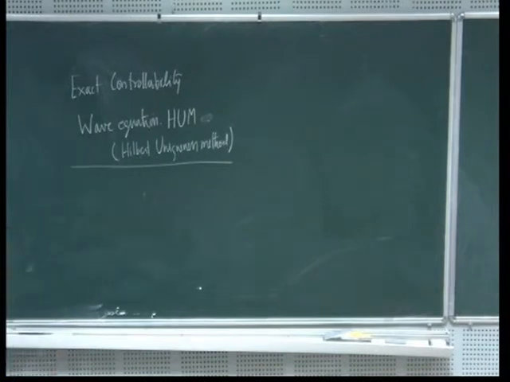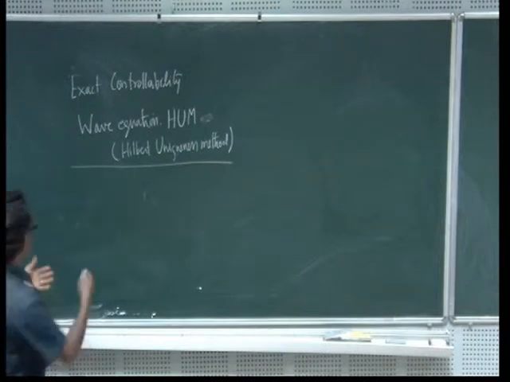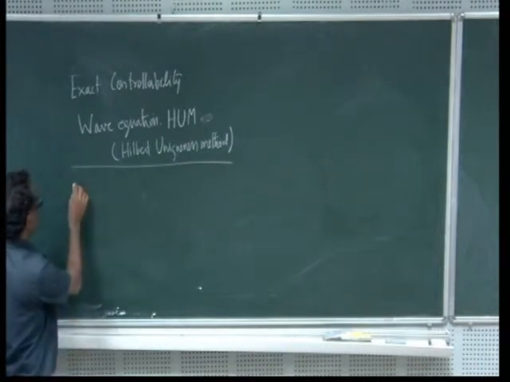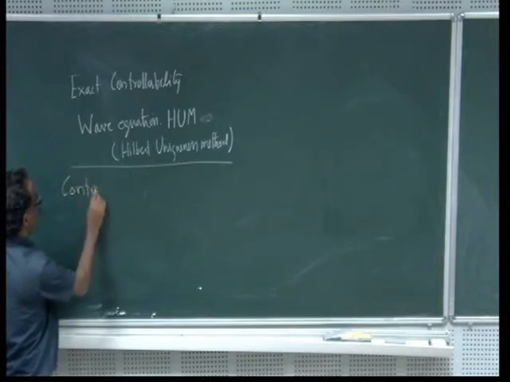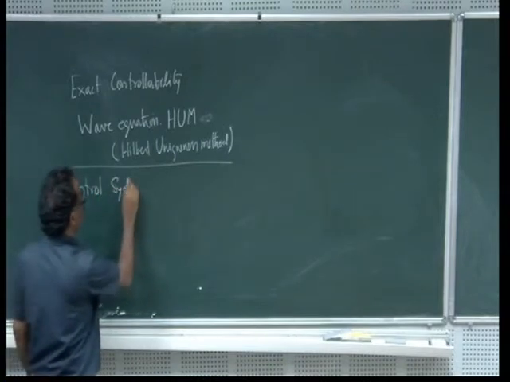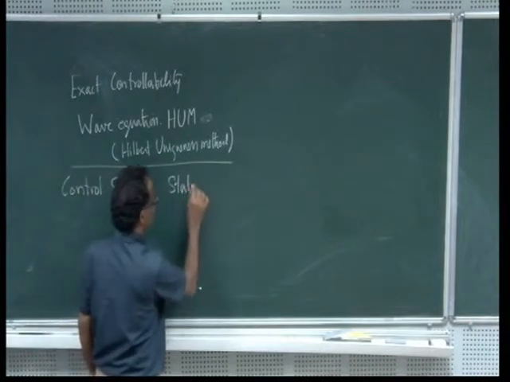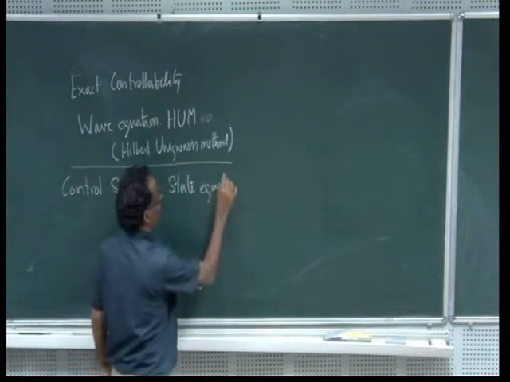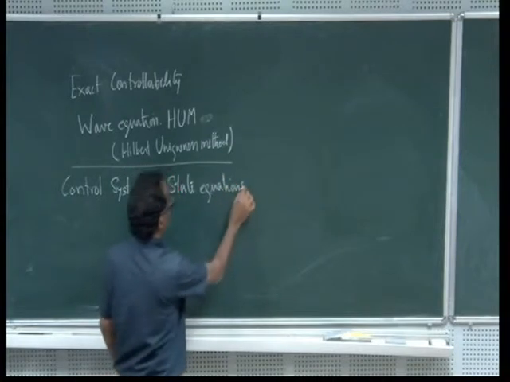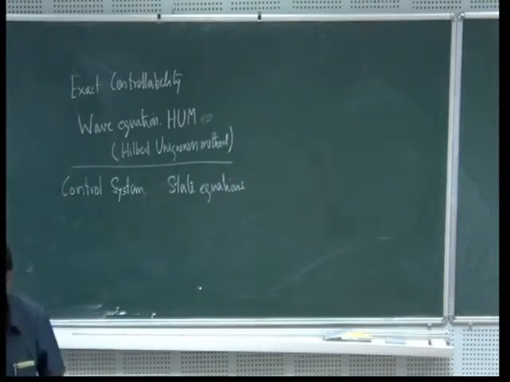So if you recall the last 4 lectures, a control system consists of some sort of what we call state equations, right? That's what you know. With state equations, different interpretations can be given.